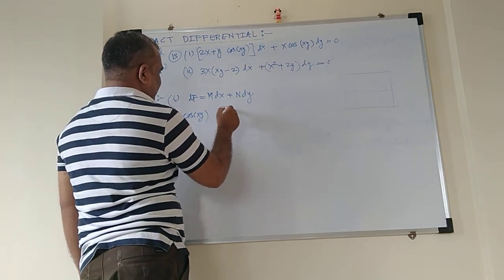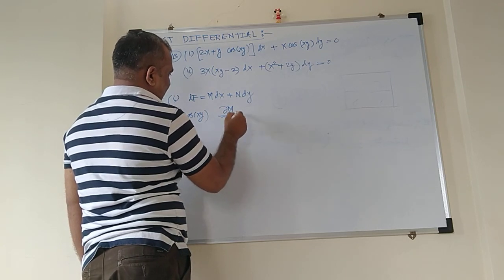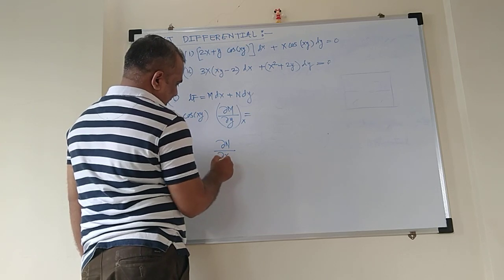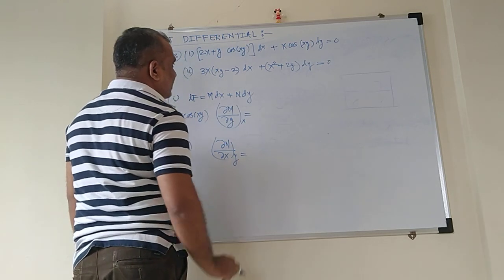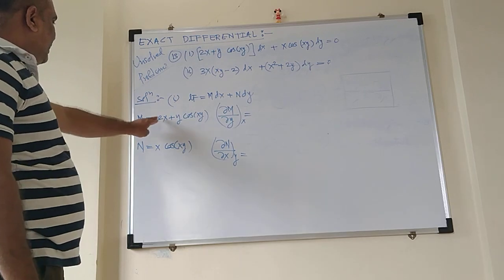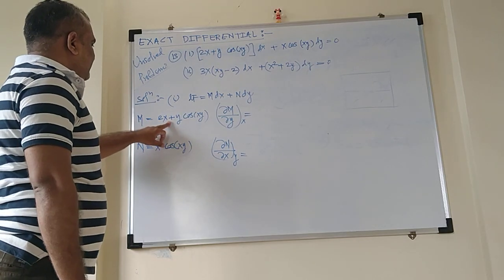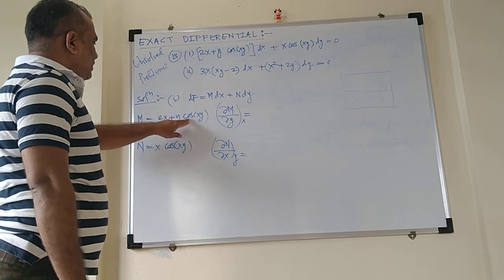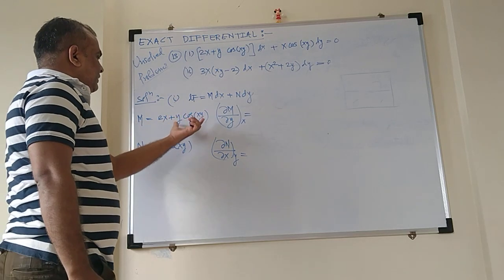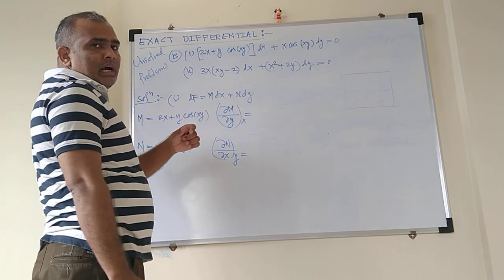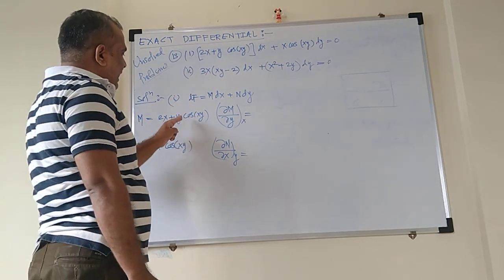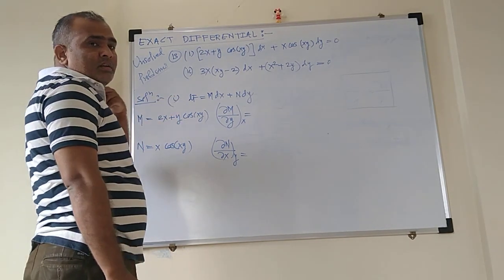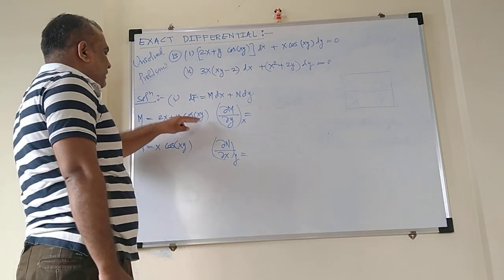And if you differentiate this, ∂M/∂y keeping x constant, and ∂N/∂x keeping y constant, then you will get ∂M/∂y. This is 2x, so differentiating with respect to y, this will give you 0, and only you have to take the differentiation of the second term. The second term again has two terms in it, y and cos(xy), both are functions of y, so you should differentiate by using the chain rule, the uv rule.